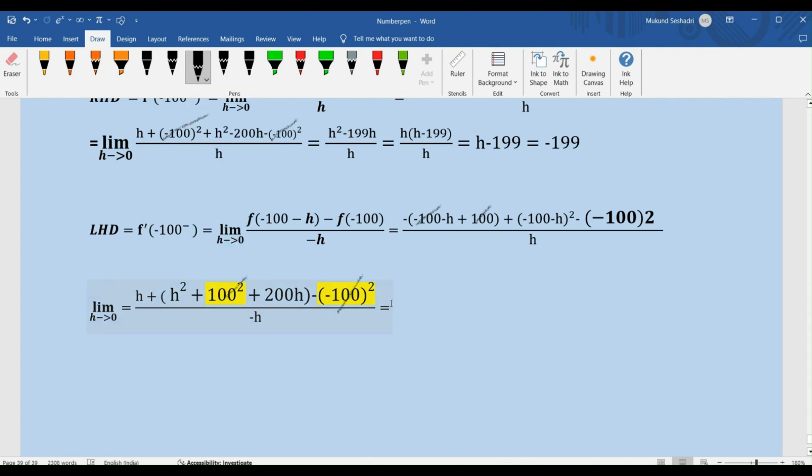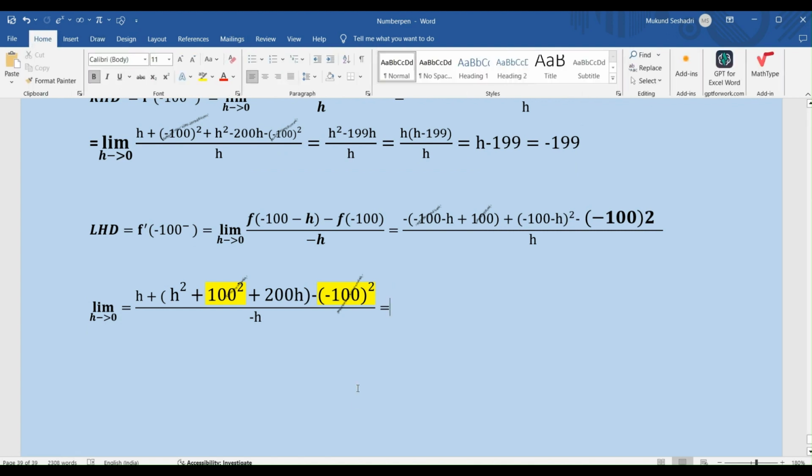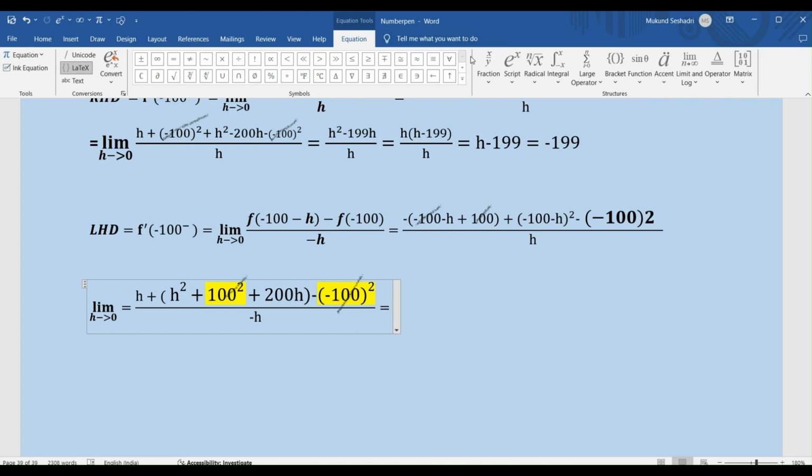Now I have an h square plus I can combine my h and 200h. That leaves me with an h square plus 201h in the numerator, right? So let me write that divided by minus h.